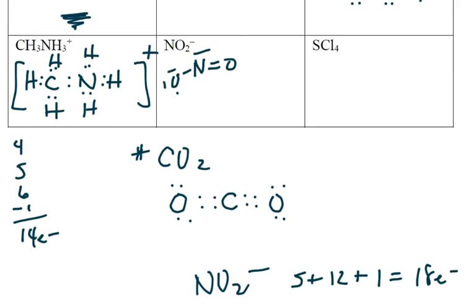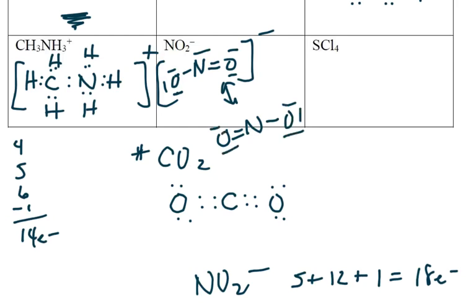Now notice something, when I have a single bonded O, I get 3 more lone pairs. When I have a double bonded O, I get 2 more lone pairs. And then that is going to resonate with nitrogen double bonded to the left, single bonded to the right. Single bond gets 3 more lone pairs, double bond gets 2 more lone pairs, and there's a lone pair on the nitrogen. And these two together give the structure of what NO2 minus is all about.